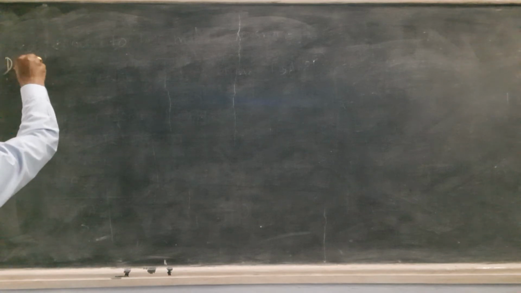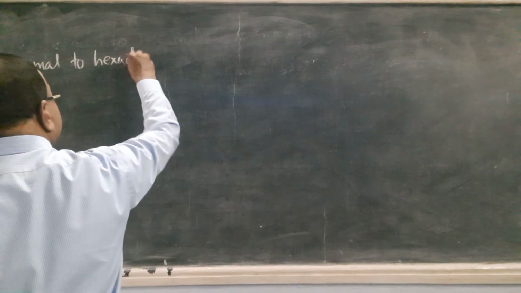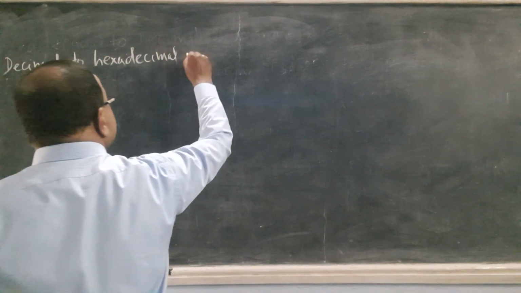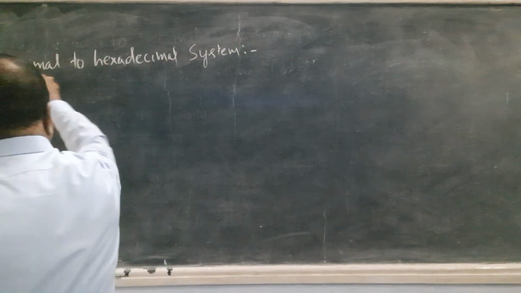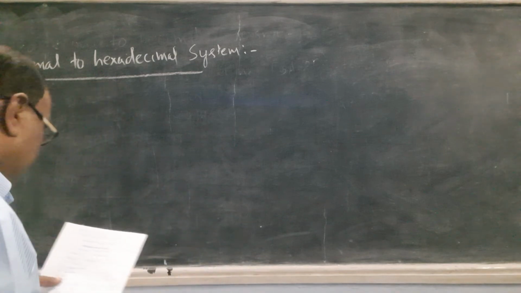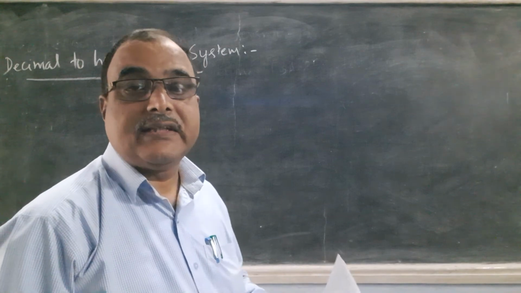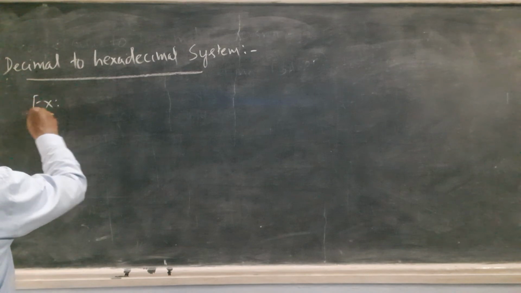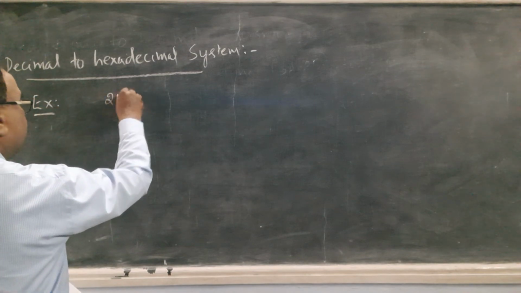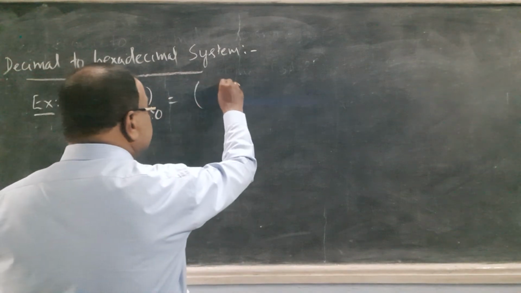Decimal to hexadecimal system. Now in the previous class I mentioned it. How will you convert a given decimal number to a hexadecimal number? Say for example, let me consider one simple example. Convert 2479, a decimal number, to a hexadecimal number.